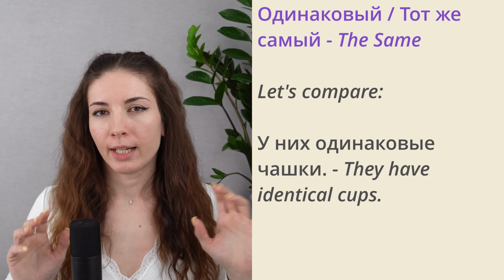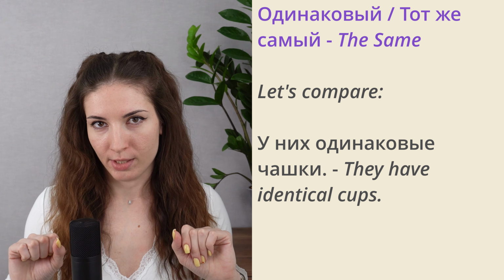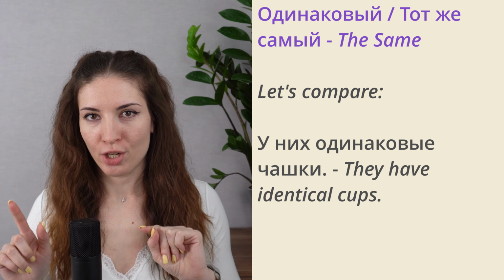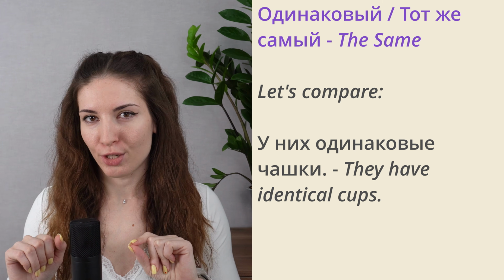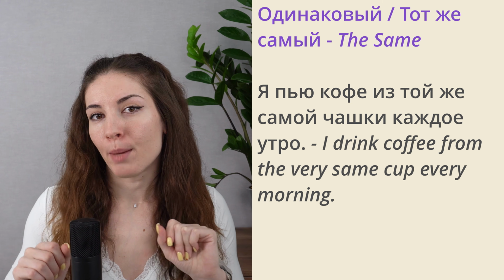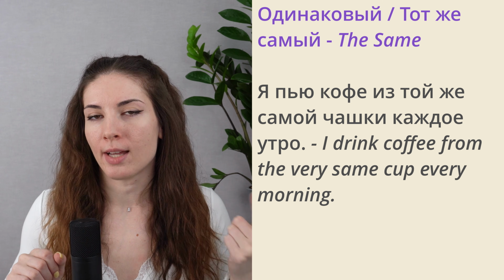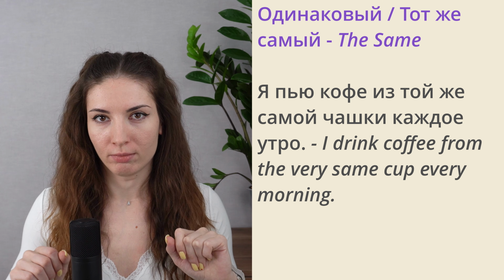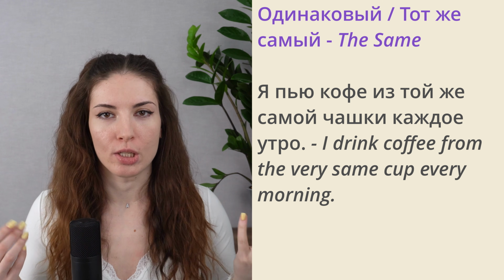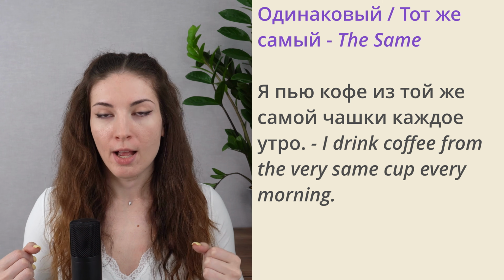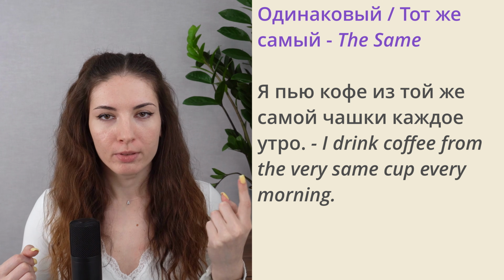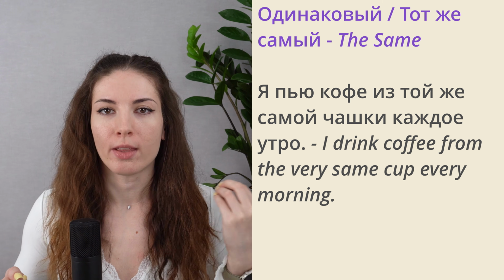Quick comparison одинаковый versus тот же самый. У них одинаковые чашки. And я пью кофе из той же самой чашки каждое утро. I have one cup and I always use this one.